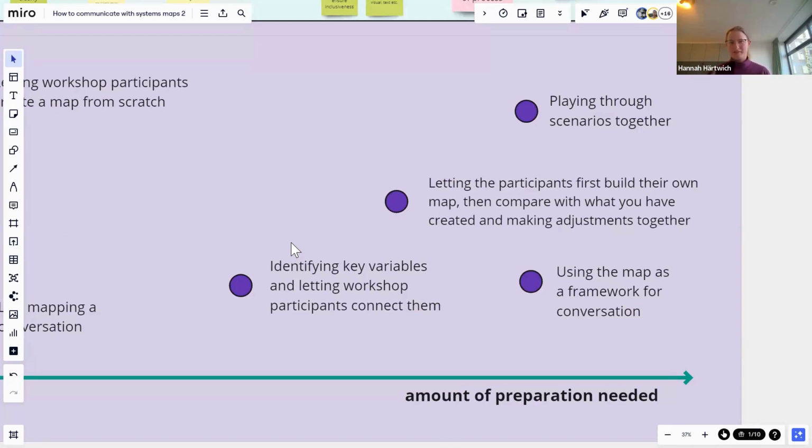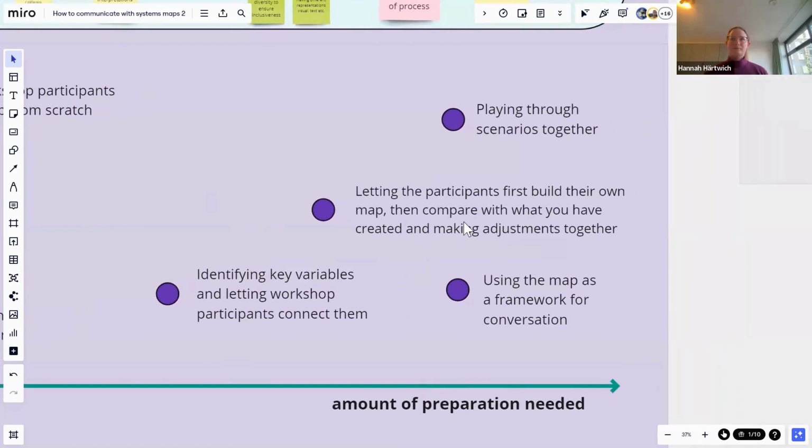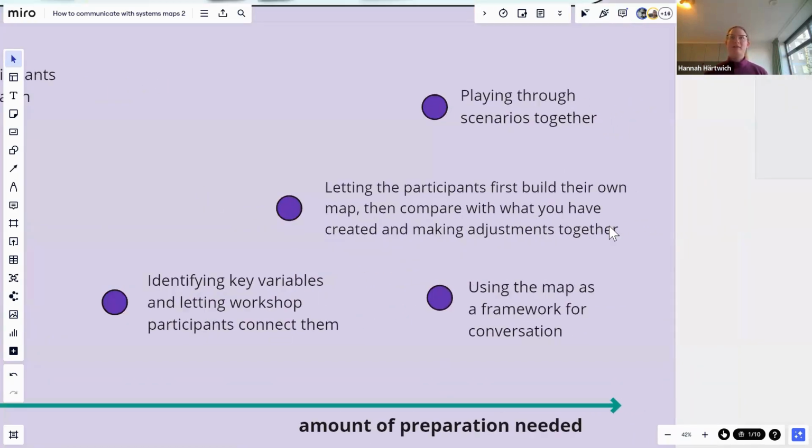In this case, we're not starting completely from scratch, but we already have a starting point of variables for them to work with or connect. We can also combine these two: first let the participants think about this for themselves, have them build the first steps of a map, and then share a systems map that might have been created beforehand, and compare and add things based on that.